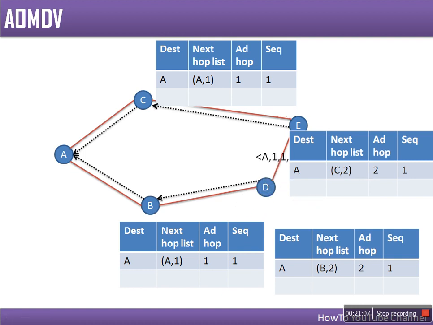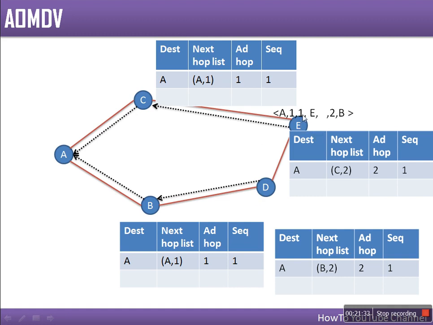Now whenever every node sends this packet, they actually increase this hop count. Why? Because when D is sending this packet, the hop count is 2. This hop count is actually specifying the distance between the current node and node A. We can see the distance between D and A is 2 hops, that's why D has included 2.